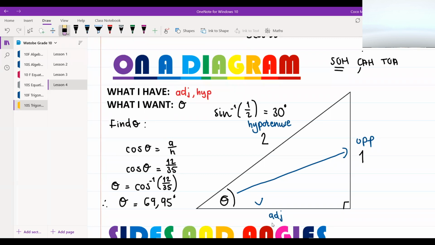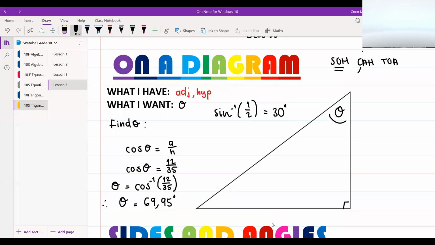Okay, so Nicole, tell me quickly. I'm going to switch these around quickly. If I put my angle theta over here, this side, the one right next to my angle, what would this side be called? It starts with an A. It's called adjacent.